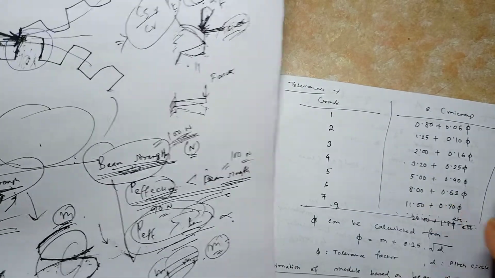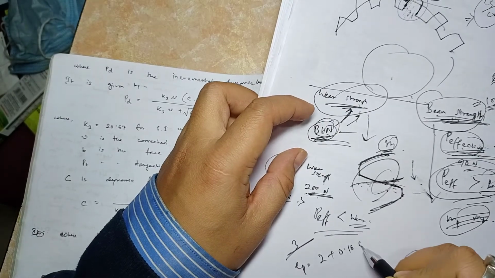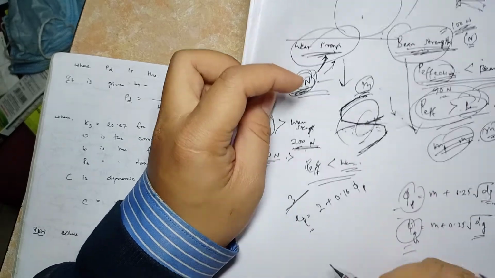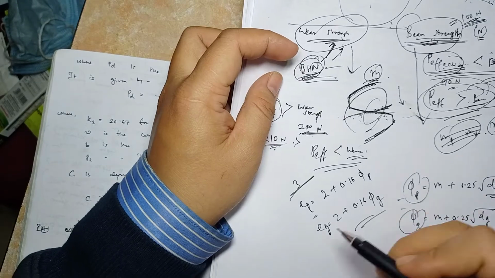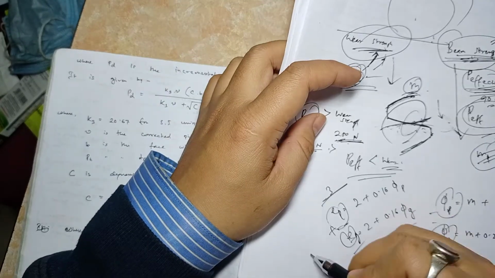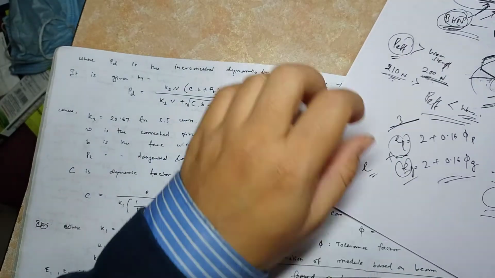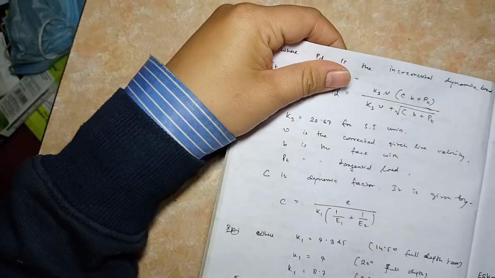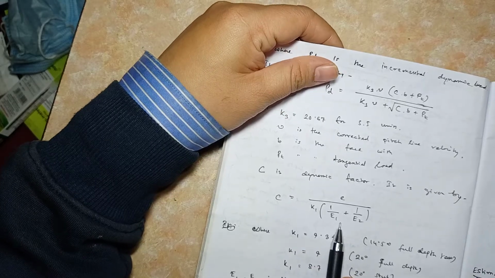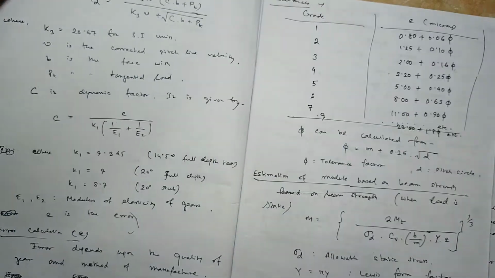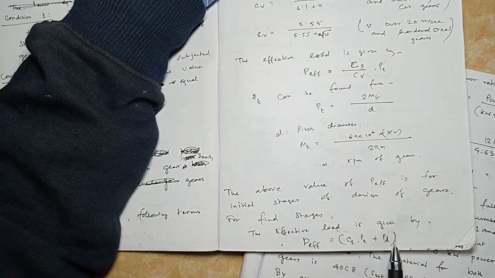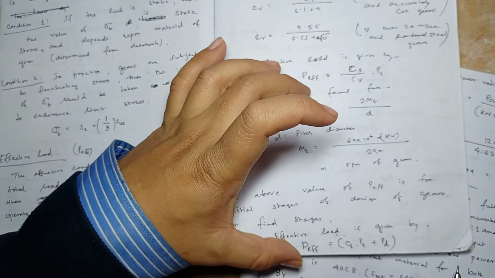So we will get ep and eg, add them to get total error e. Then you will put it here to calculate c, and then you will put c here to calculate the incremental dynamic load. Then you will put it here to calculate your p effective. So this is the process of calculating p effective.